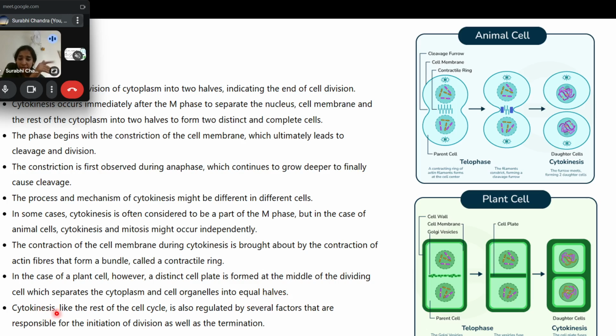However, in case of animal cells, the constriction starts from the edges and moves towards the middle. Eventually the furrow deepens inside and two distinct daughter cells are formed. So in animal cells the constriction starts from the periphery and moves towards the middle, whereas from the middle to the periphery is the movement of the cell plate in plants.